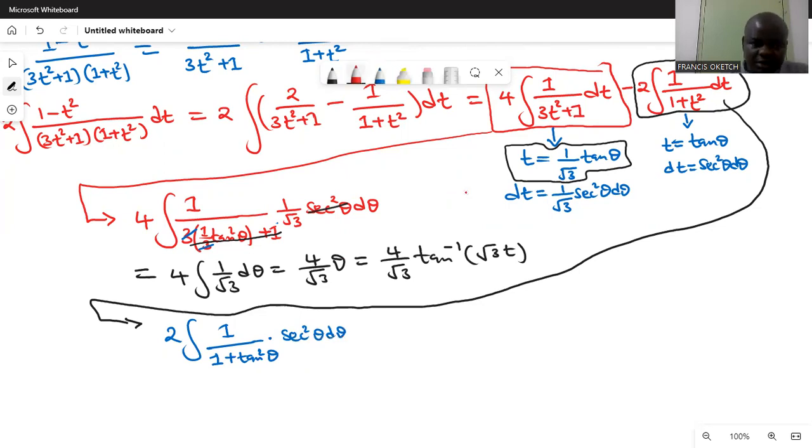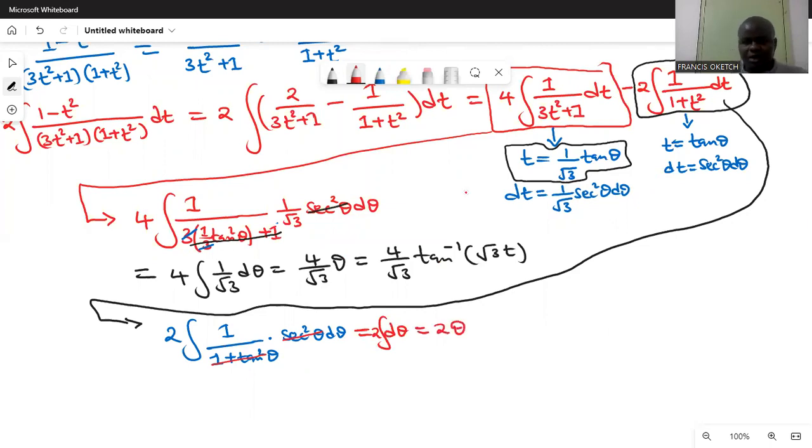And you see 1 plus tan squared theta is the same as sec squared theta. So this is the same as, of course, there's 2 outside, the integral of 1 d theta, which is simply equal to 2 theta.